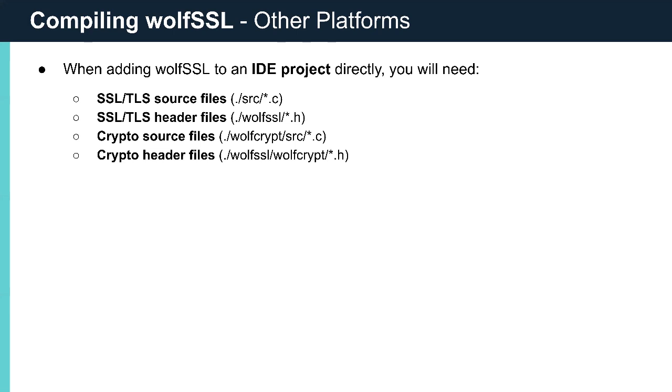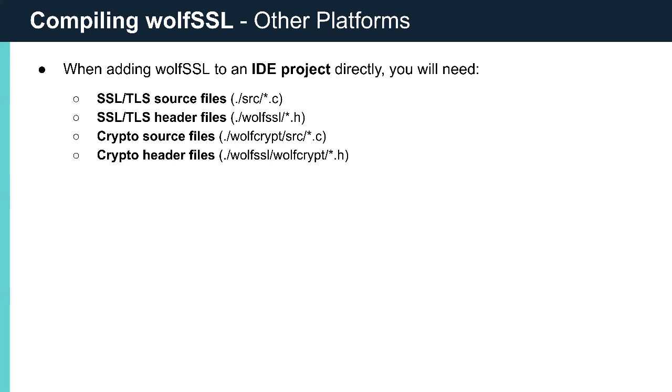The other use case that people like is actually pulling our files directly into their own IDE project. And that's perfectly fine to do instead of building a library artifact. The only thing you'll need to make sure is that you pull in the right files.